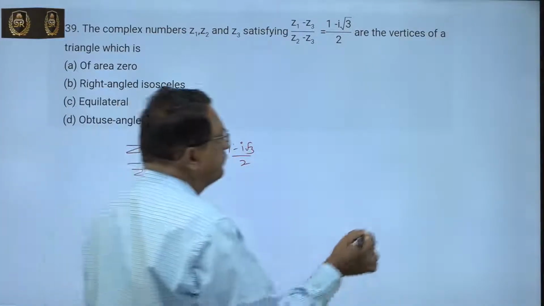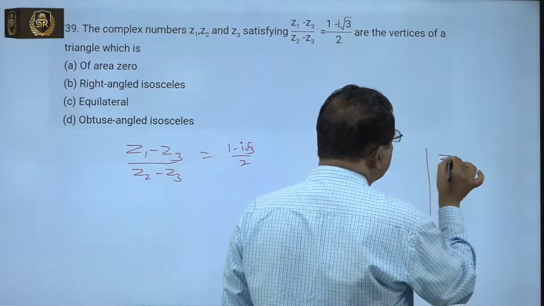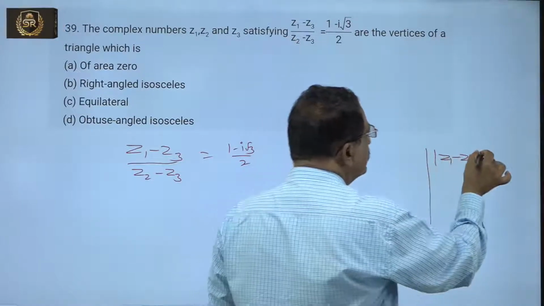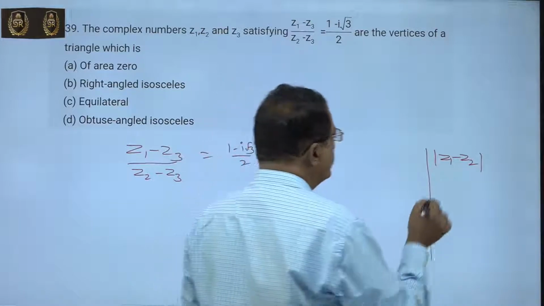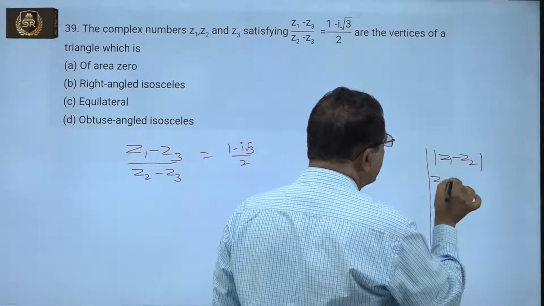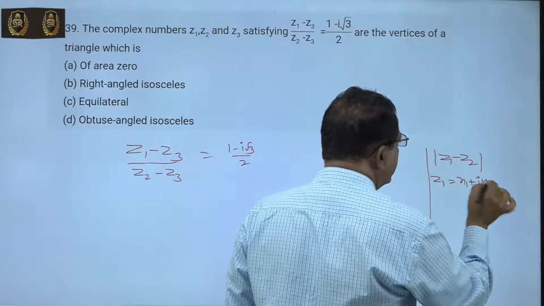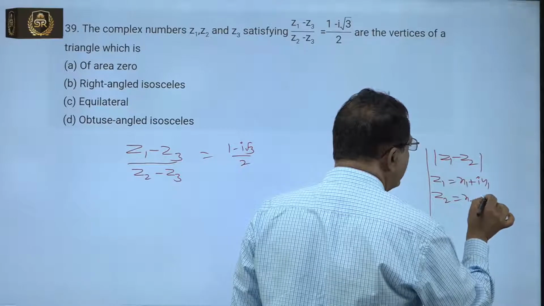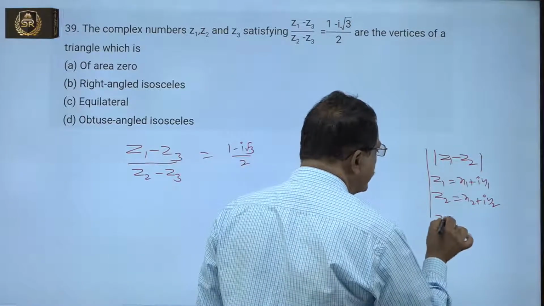Here, actually, see, mod of Z1 minus Z2 equals the distance between the two points Z1 and Z2. Let Z1 equals x1 plus i y1, and let Z2 equals x2 plus i y2. Now what is Z1 minus Z2?